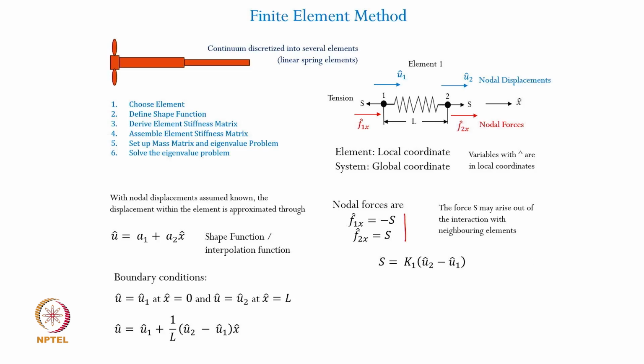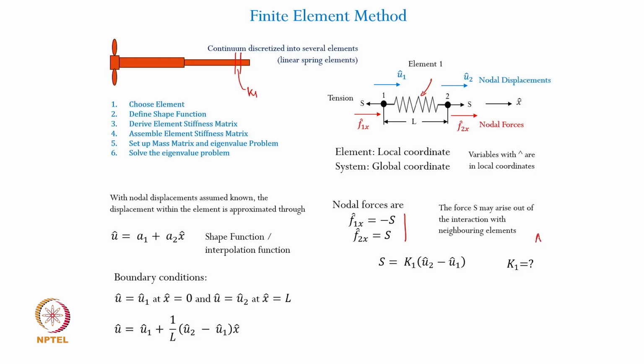What is the value of K1? Supposing you are now investigating this continuum as that of a circular shaft, the propeller shaft of a ship. K1, which defines the spring character of this particular spring which you are using to represent that element, you can find that out using the geometric and material properties.